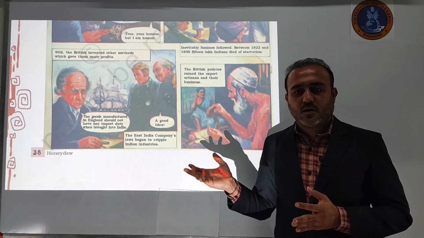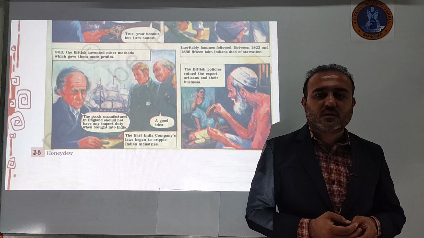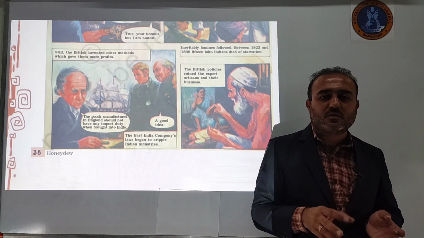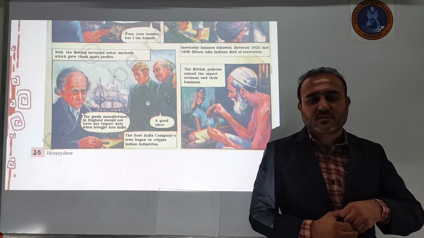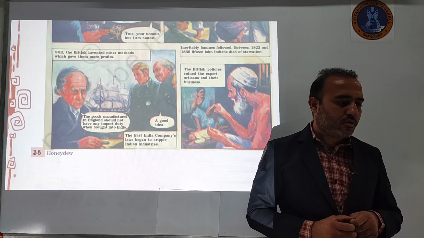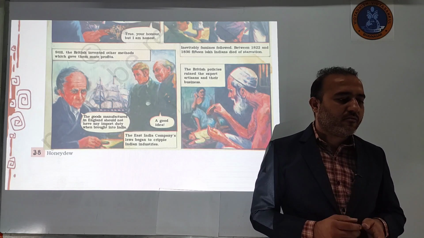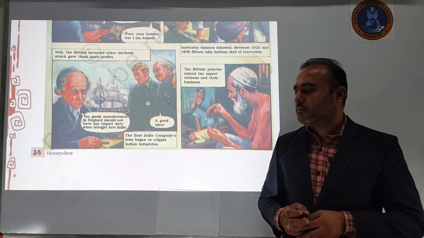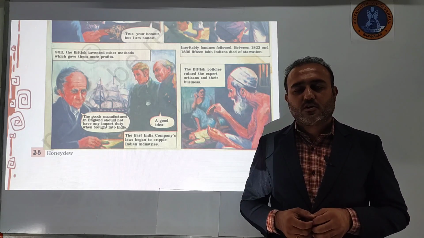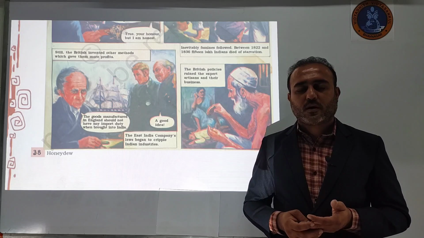Moving further, still the British invented other methods which gave them more profit. So as we know that they started capturing the lands or the kingdoms, even they started taking away the farmers' land, right? So what did they do? They invented other methods which gave them more profit. For example, they used to force the farmers to grow the cotton, raw cotton.